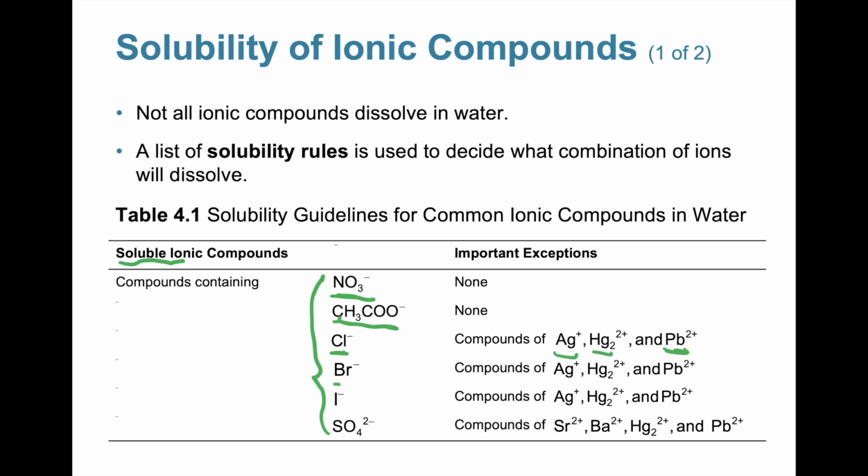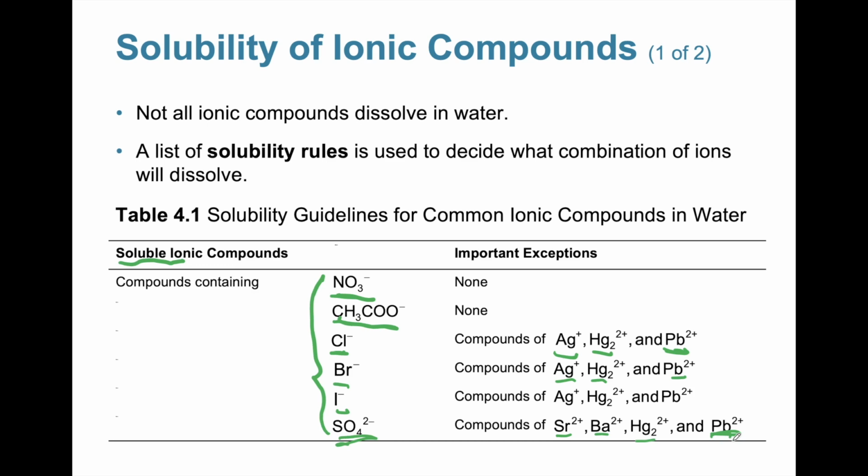Same thing with bromides and iodides. Those are all completely soluble in water except for the ones that have silver, mercury, or lead. Then sulfates, most of them are also soluble, but the only ones that are not soluble are strontium sulfate, barium sulfate, mercury sulfate, and lead sulfate, right?